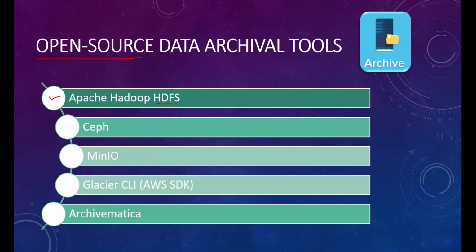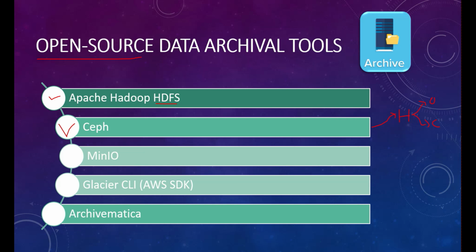Next is Ceph, which is a scalable object storage for archiving and cloud integration. The advantage is you can work in a hybrid mechanism here. Hybrid in the sense you can use on-premise and cloud, integrate both, and still keep open source archival tools and technologies. Then you can use Ceph.